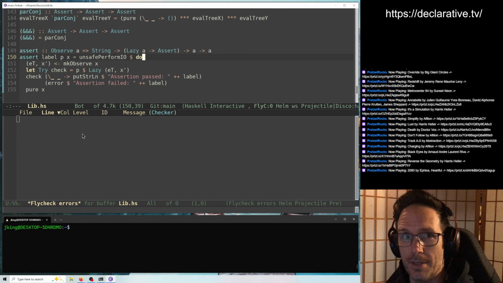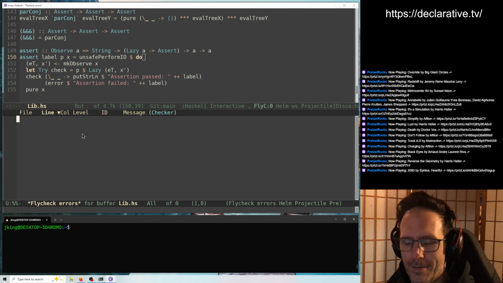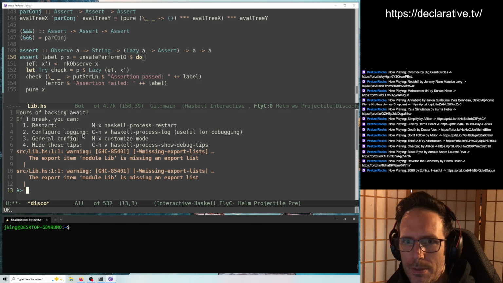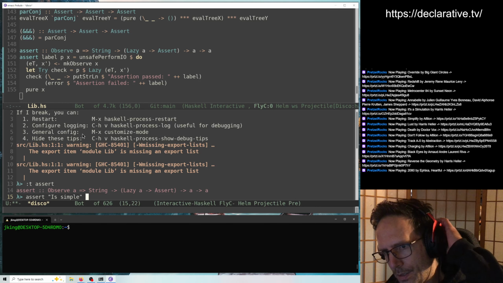All right, now how do we use this thing? Let's load it up into our REPL. Yeah, I don't care about those warnings. Okie dokie. Let's do something simple first. So we have to give it a function lazy a to assert.